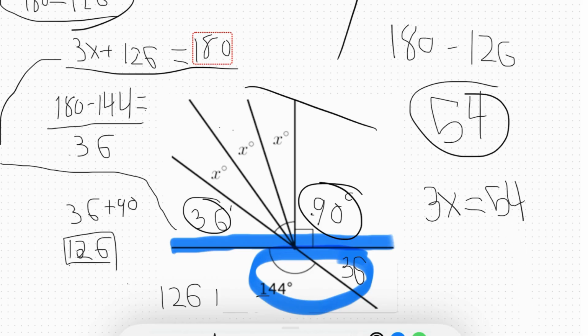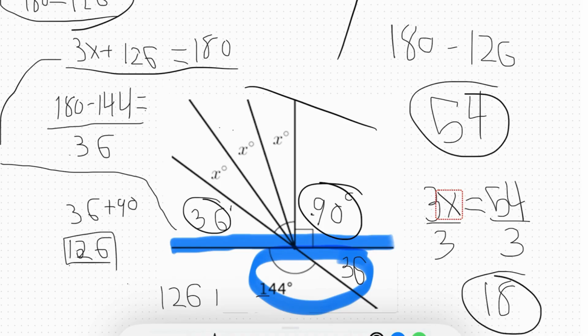As you remember from our variables unit, we can divide this by 3 and divide this by 3. So what is 54 divided by 3? This might take a minute, but if you think about it, it's 18. Don't mind the 0.